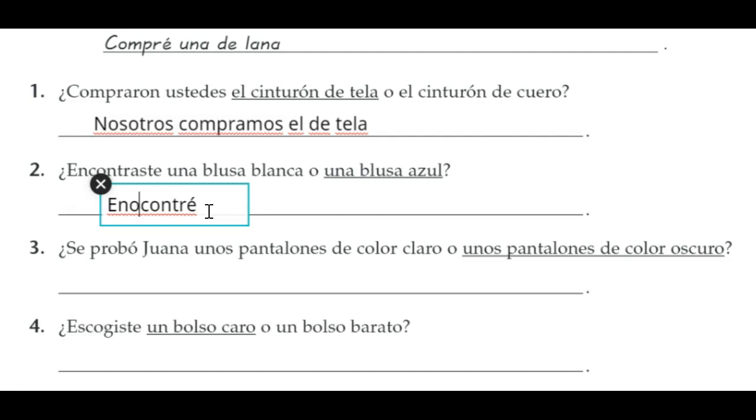Encontré means I found, because the question is, did you find? So you're answering the question as if you were asked it. Encontré, and una blusa is una azul. I found a blue one, because we already know that we're talking about blouses. We don't need to repeat it. Just like in English, we avoid the repetition. We say a blue one, a white one, whatever.